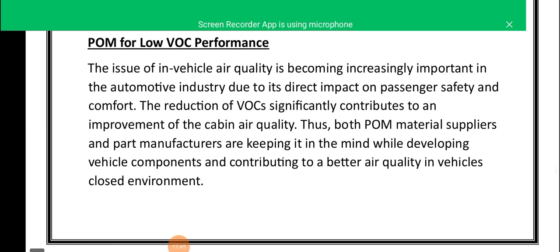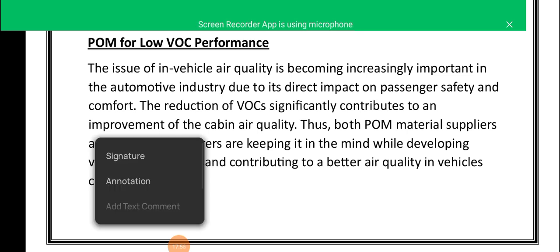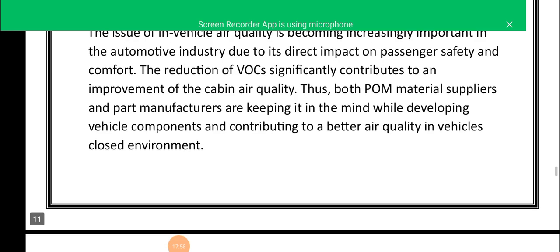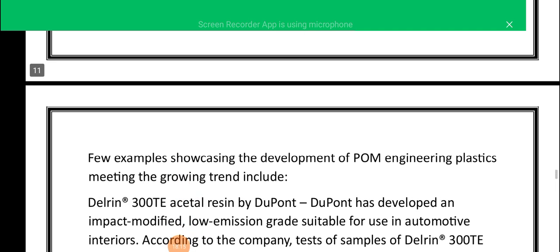The issue of in-vehicle air quality is becoming increasingly important in the automotive industry due to its direct impact on passenger safety and comfort. The reduction of volatile organic compounds significantly contributes to an improvement of the cabin air quality. Thus, both polyoxymethylene material suppliers and the part manufacturers are keeping it in mind while developing vehicle components and contributing to a better air quality in vehicle closed environments.